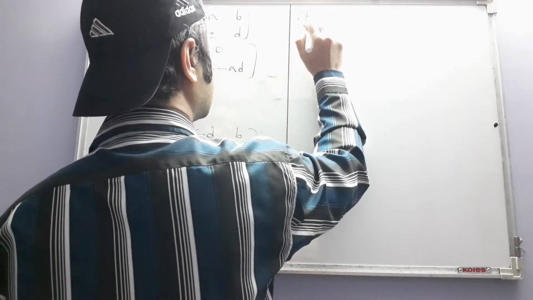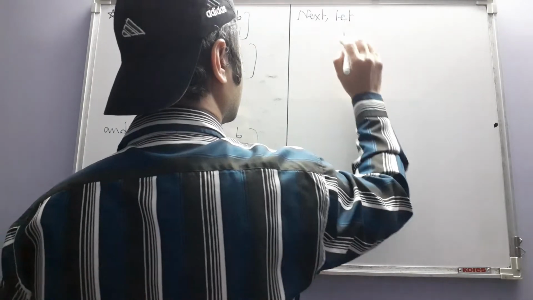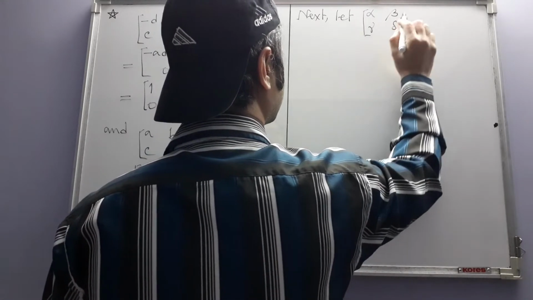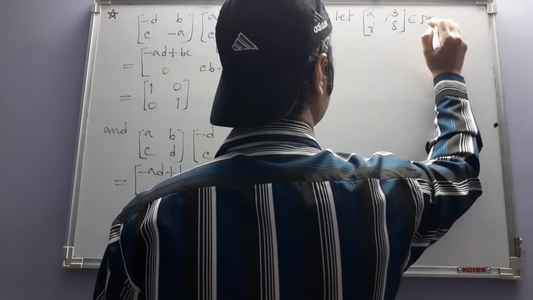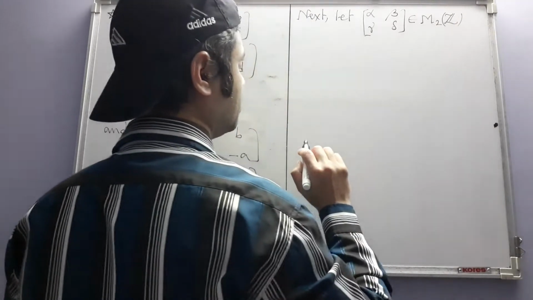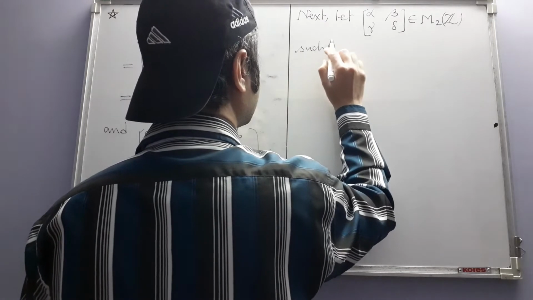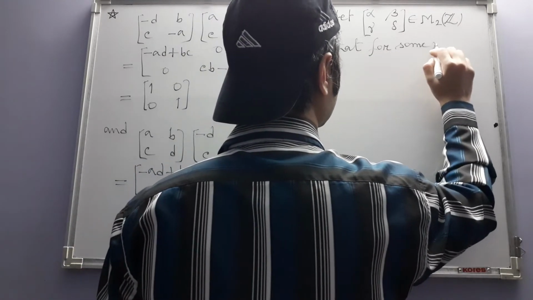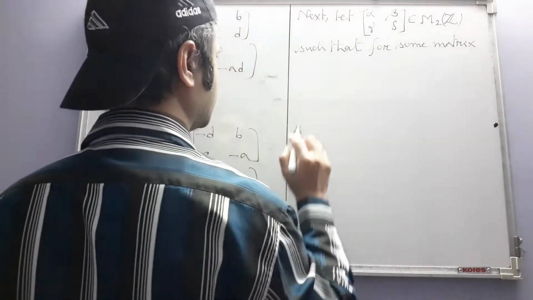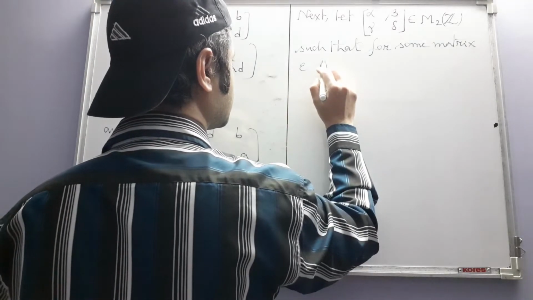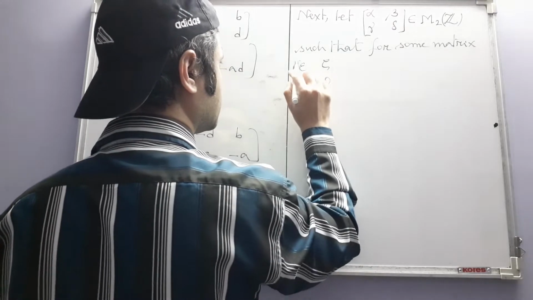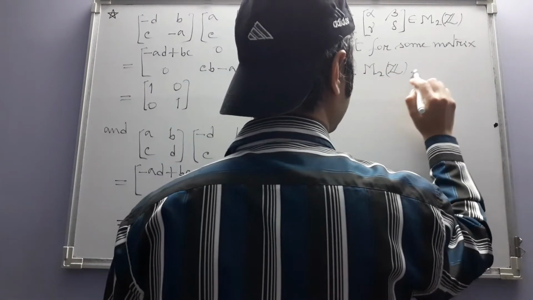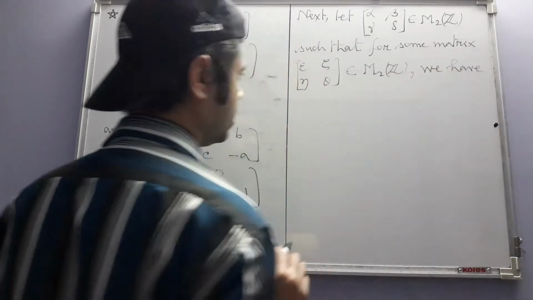Okay. Next, let alpha, beta, gamma, delta be a matrix in the ring such that for some matrix epsilon, zeta, eta, theta belonging to M2(Z), we have the product equal to the identity.